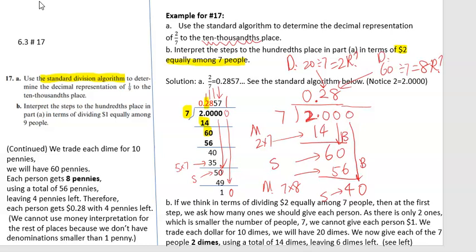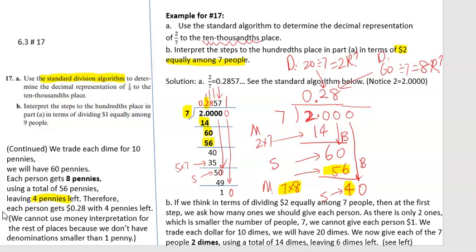We continue to trade each dime for 10 pennies, and then we have 60 pennies, and each person can get 8 pennies. That's a total of 56 pennies, which comes from 7 people times 8 pennies each. And then we figure out we have 4 pennies left. Therefore, each person will get 28 cents, or $0.28, with 4 pennies left.